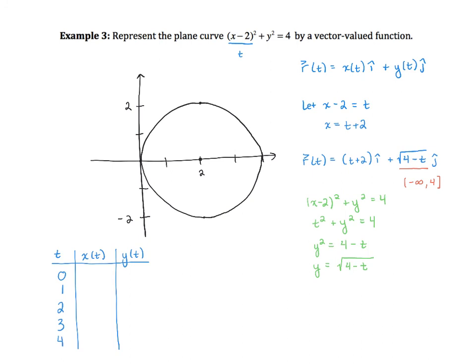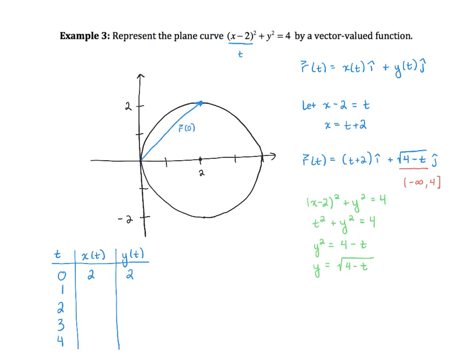When t is 0, x is 2, because x, again, is t plus 2. And y is also 2, because 4 minus 0 is 4, and the square root of 4 is 2. So r of 0 will give us the point (2, 2). So this vector right here, this is r of 0.